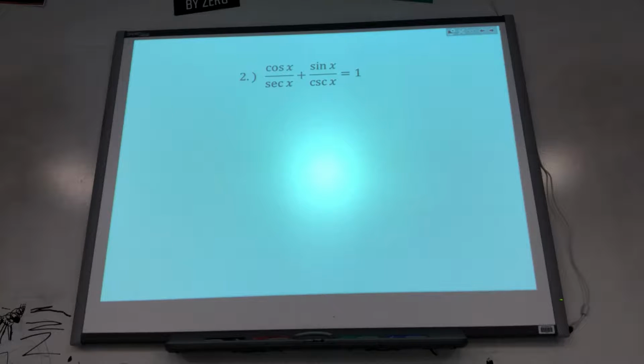Example 2, more fractions. Cosine of x over secant of x plus sine of x over cosecant of x equals 1.